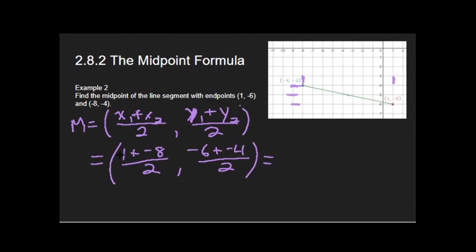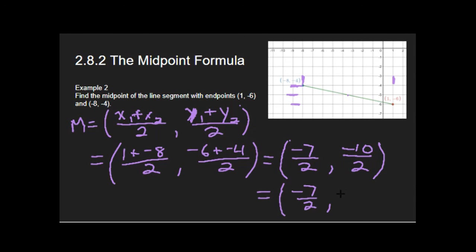We'll simplify that. 1 plus -8 is -7 divided by 2, comma, -6 plus -4 is negative 10 divided by 2. And then of course we want to reduce any fractions that are reducible, so we end up with negative 7 halves and negative 5 as the midpoint.